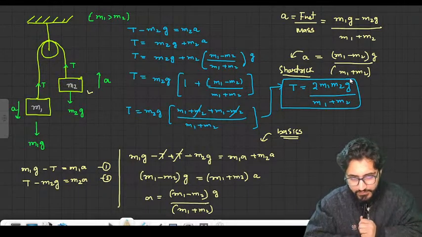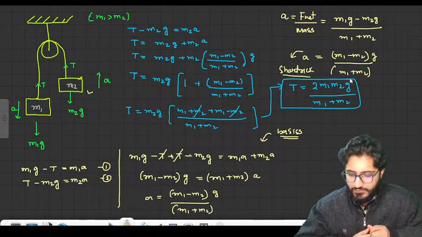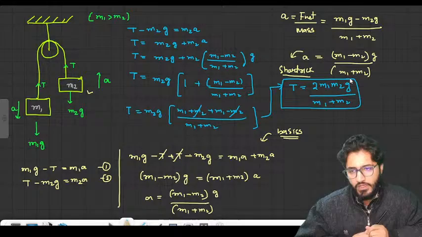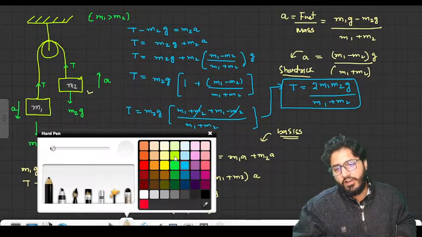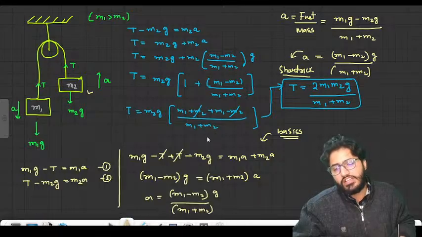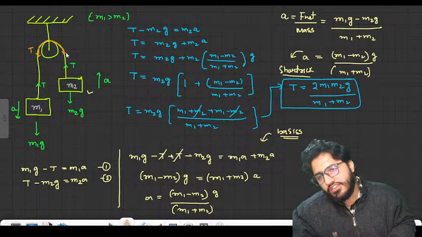Easy or super easy? If somebody asks you to find the reaction force, first of all you need to understand what the reaction force is. Look, at this particular point, tension T is here, and it is balanced by this tension. So this is the reaction force.